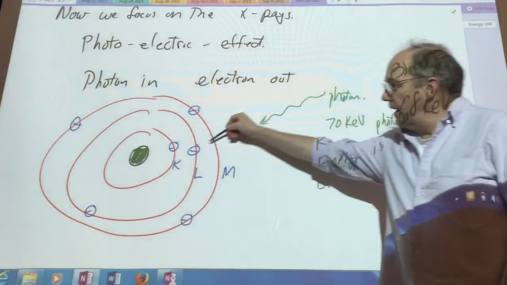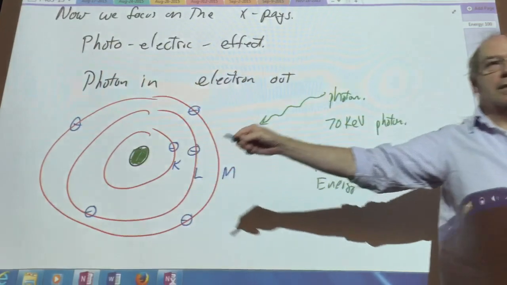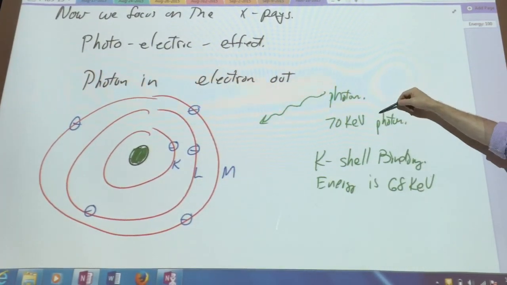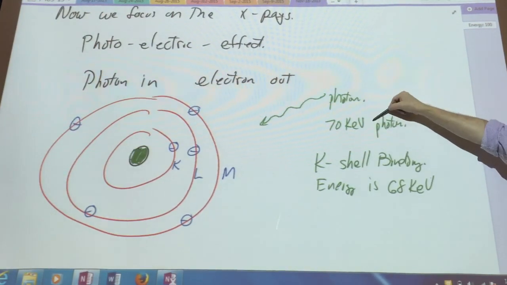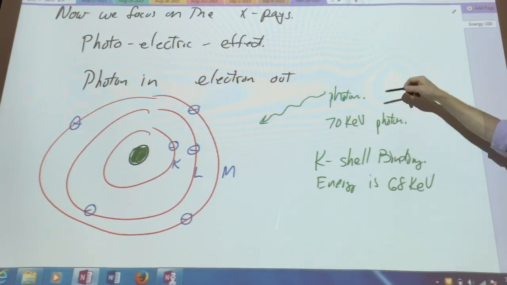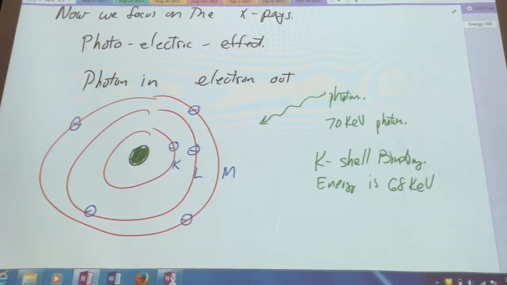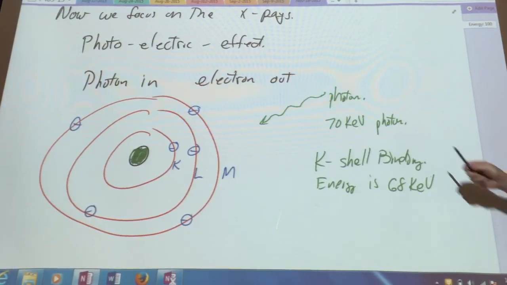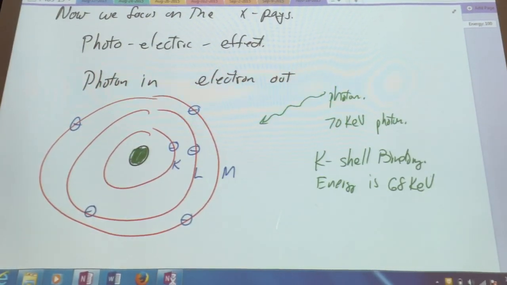So we're going to go in and knock out this K-shell electron, and it takes how much energy? 68 keV. I was pointing to see if you would just follow the finger or the words, and it worked. It takes 68 keV to knock out the K-shell electron. We have 70 keV, so we have 2 keV extra. That 2 keV goes into the electron's energy.